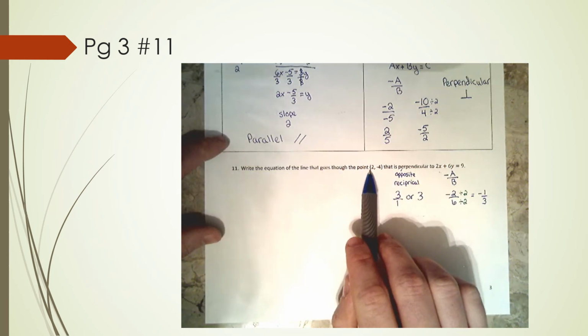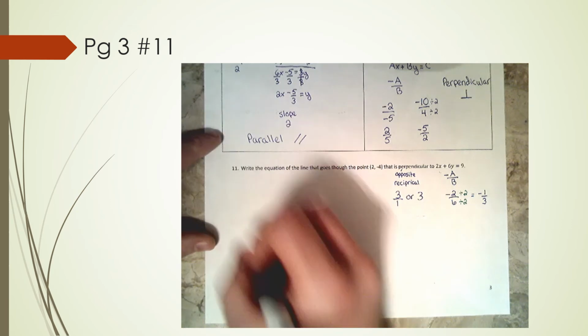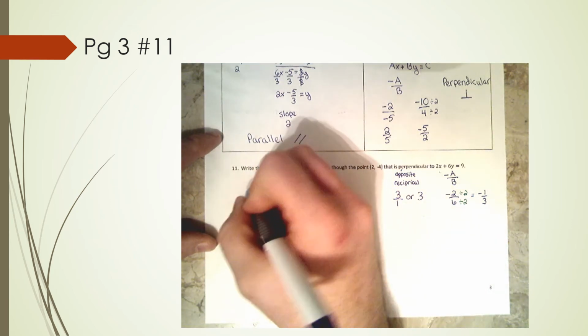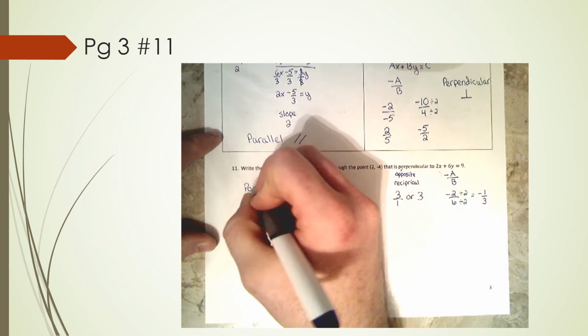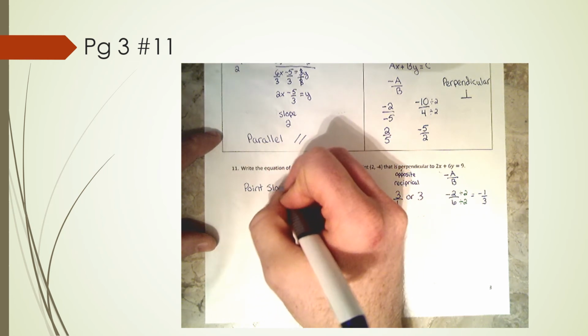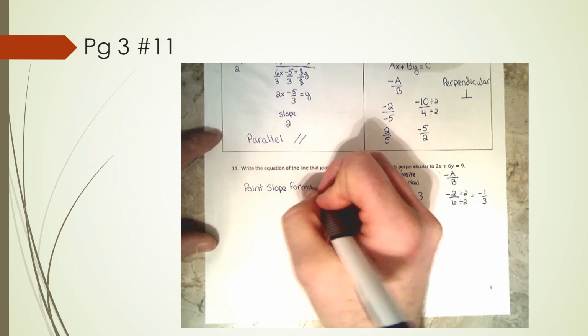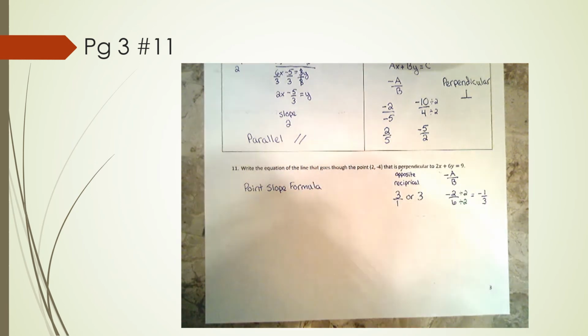So they gave me a point it has to go through. The way that we are going to figure this out is through point slope formula. This formula is actually given to you when you do your EOC.